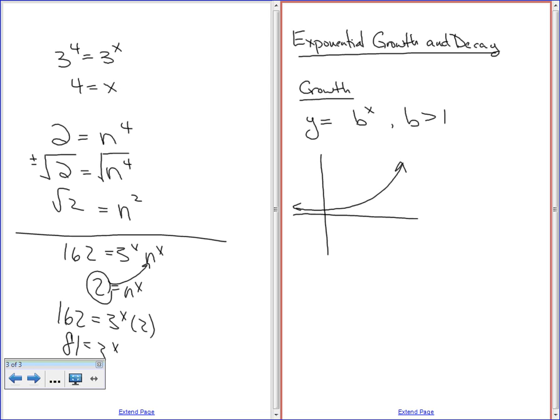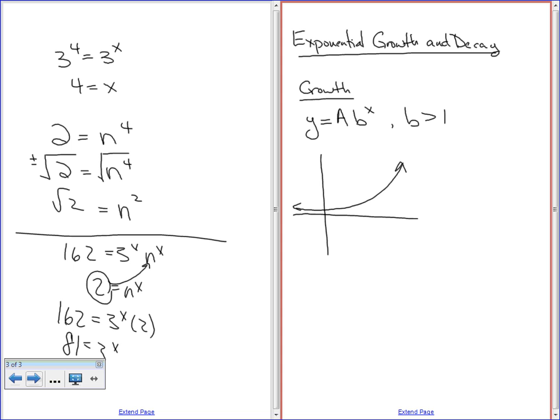So as x increases, the function gets greater and greater. I can put a number out in front of it, and that's not going to change the look of the graph. I'm just going to have to stretch it and compress it. Okay? It's not going to change any asymptotes. It may change the intercept, but that doesn't matter.